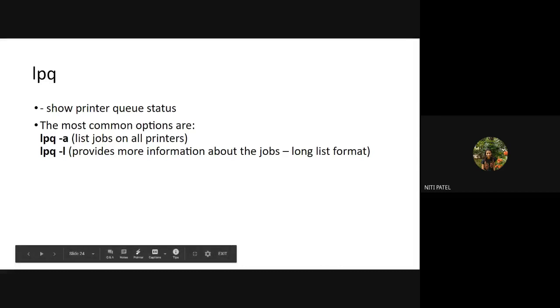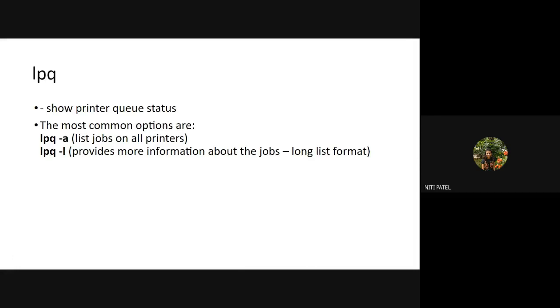So if I've given 10 documents to the printer for printing, and then I execute LPQ -A, it will give me the name of all those 10 documents which are submitted to the printer for printing. But if I want to know more detailed information about all those files, at what time it was given, who was the owner, what is the size, how many pages are there, I have to make use of a command called LPQ -L. So it will give me the name of all the 10 files.